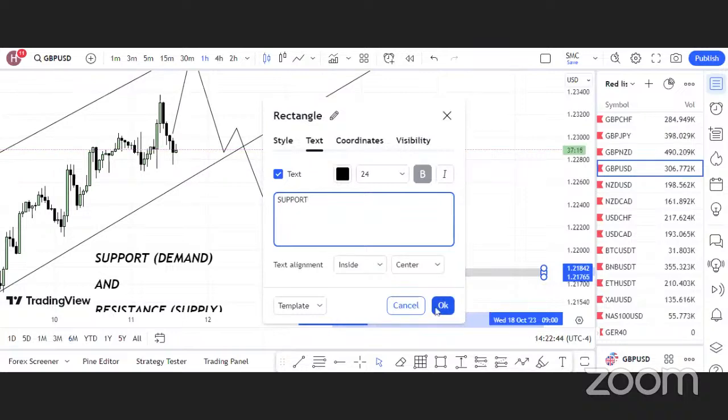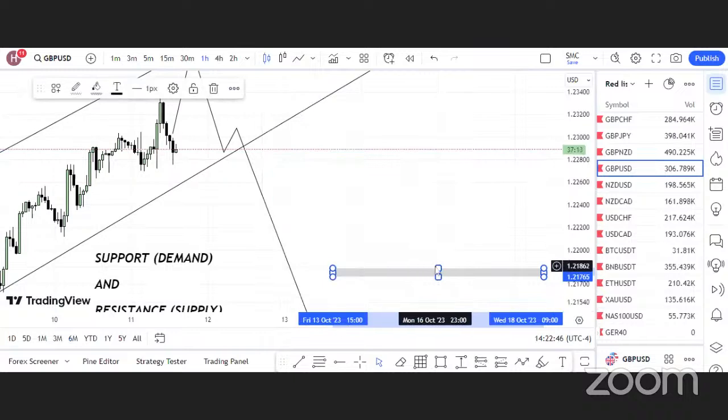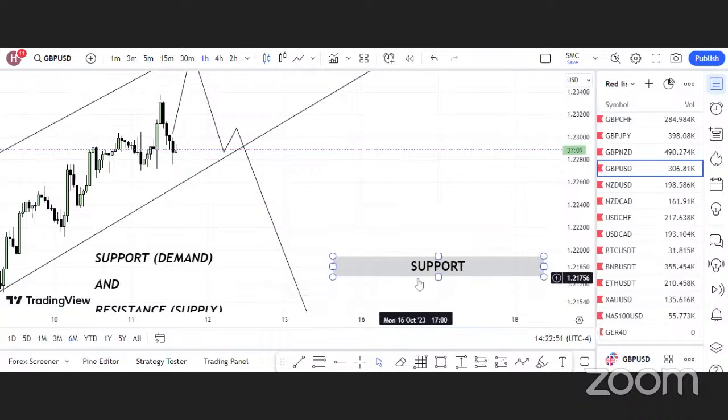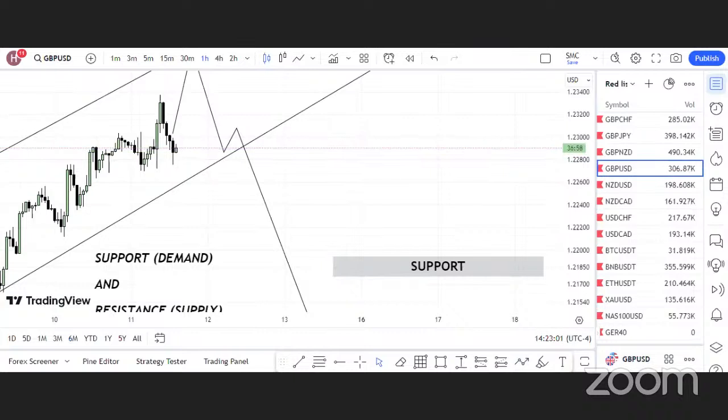This is our support area, our demand area. Demand means there are a lot of buyers in this particular point. When you are selling, they want to buy.